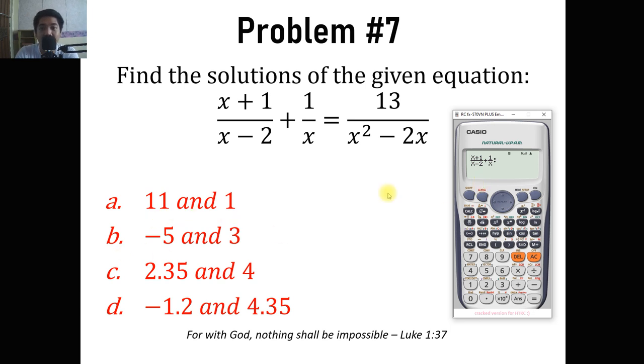And on the right side of the equation, I have 13 over x squared minus 2x. So I'm going to press calc, and then we're going to move through the choices and see if they have the same values for the two roots. If they are equal, then that is the solution to the given equation.